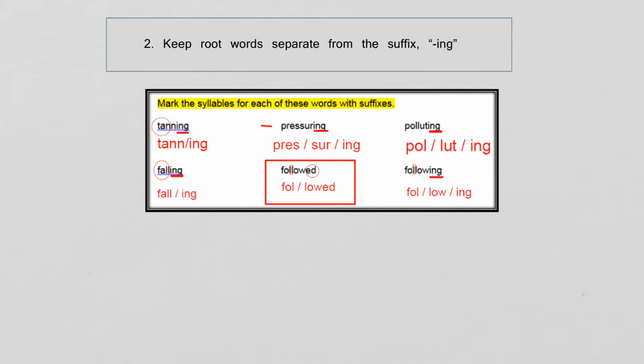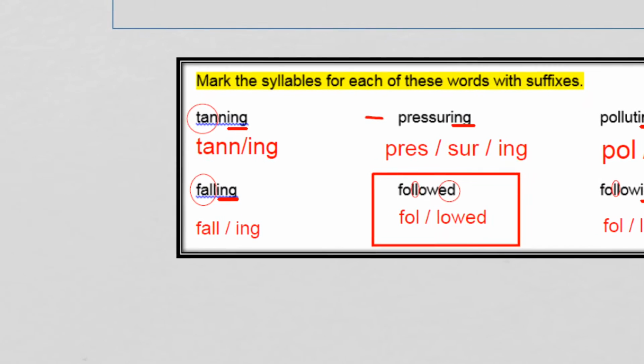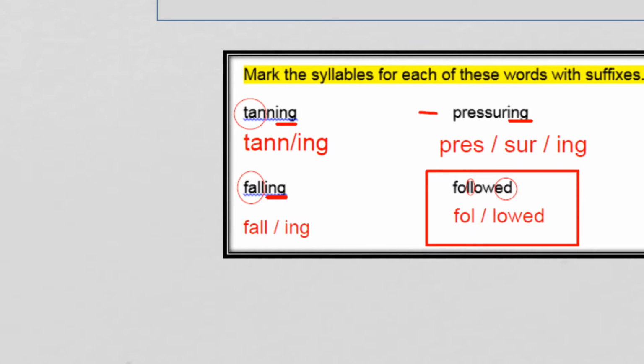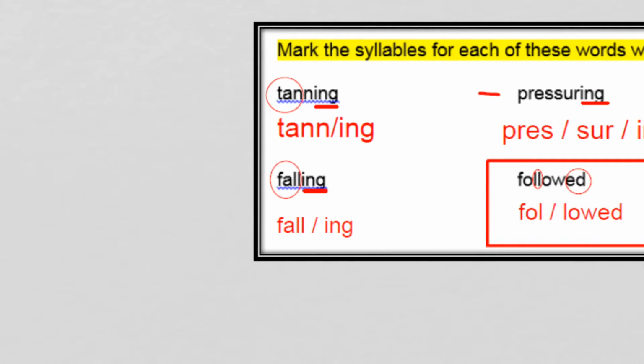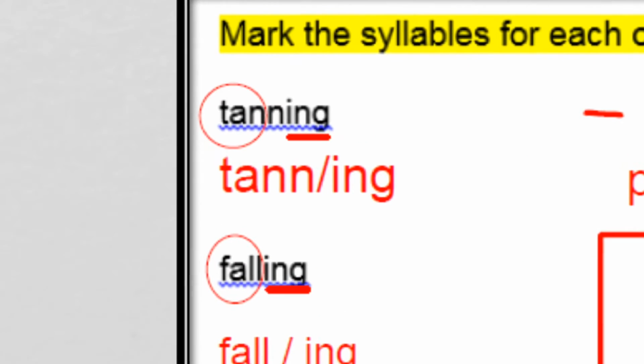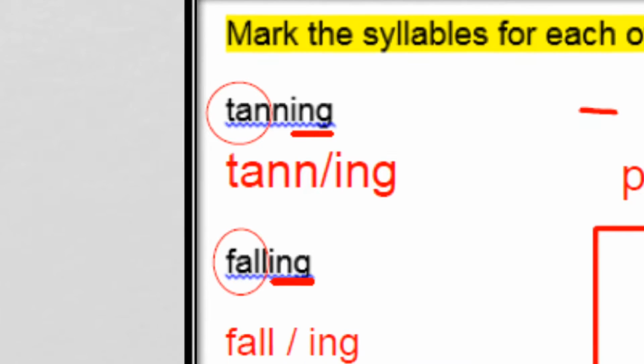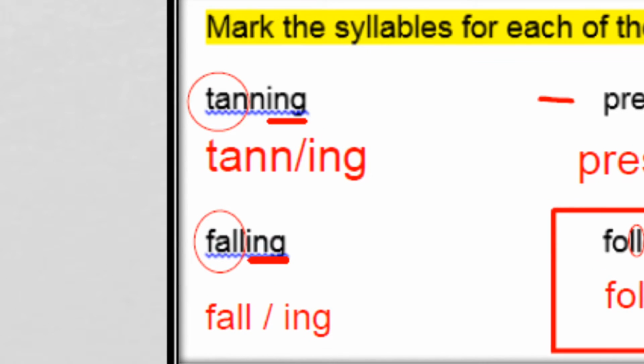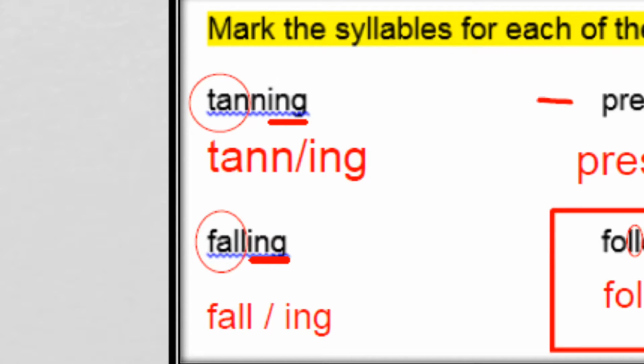But just to remember, if we look at these two examples, tanning and falling, with tanning, I circled T-A-N, and that's actually the root word. Sometimes when you have a word that ends in ing, we have to have a double letter. It's just a weird spelling rule. But the point is that that first part, tan, is one syllable, and then the ing is another syllable. So we get tanning.